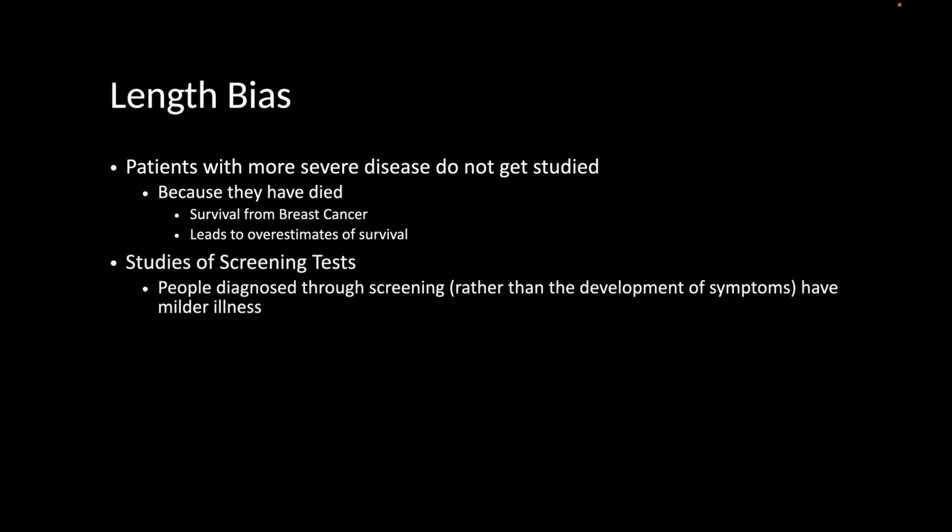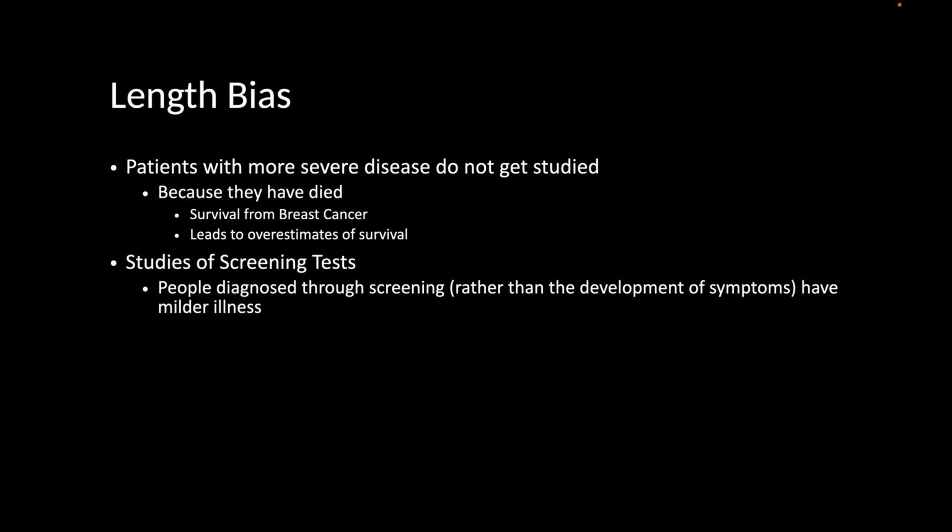And this has a particular impact on screening tests. Studies of whether mammography, for example, just picking on breast cancer, observational studies of breast cancer screening, the people who are diagnosed through screening rather than through the development of symptoms tend to have much milder illness than people who actually presented with a breast lump or with metastatic disease like bone pain or coughing up blood.